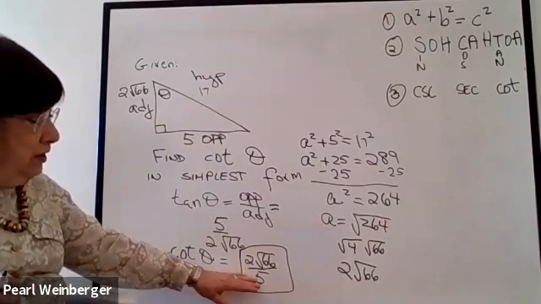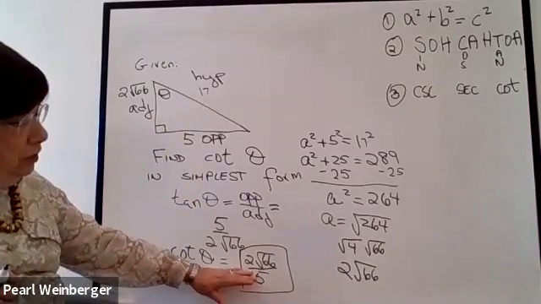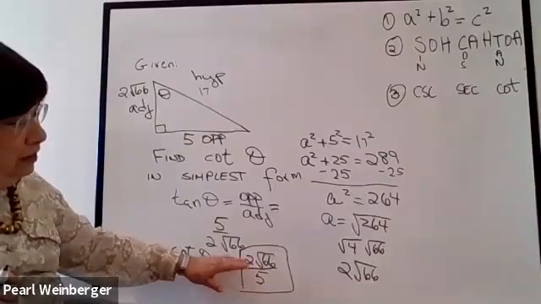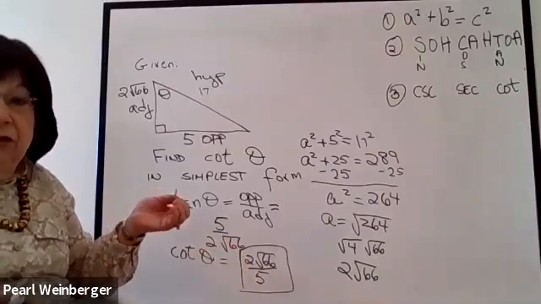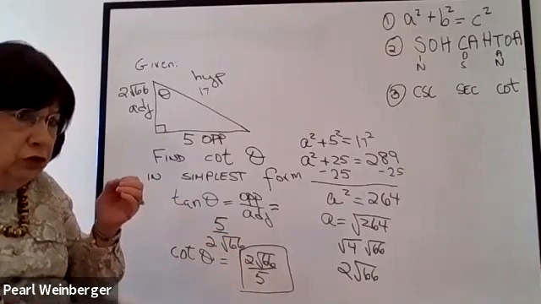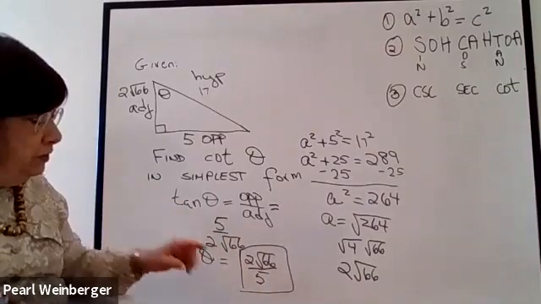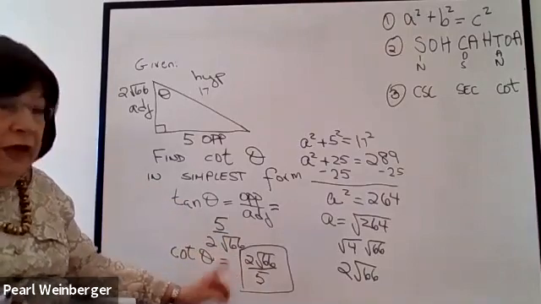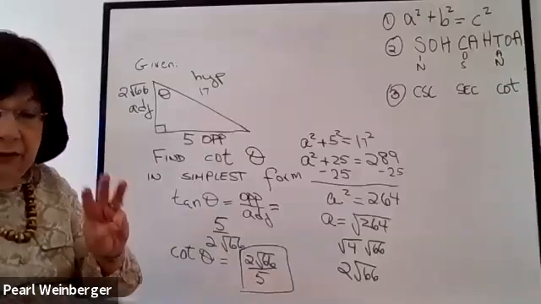Sometimes they ask you to give this value in decimals. If they ask for decimal, they'll usually ask you to round off to the nearest thousandth, to 3 decimal places.